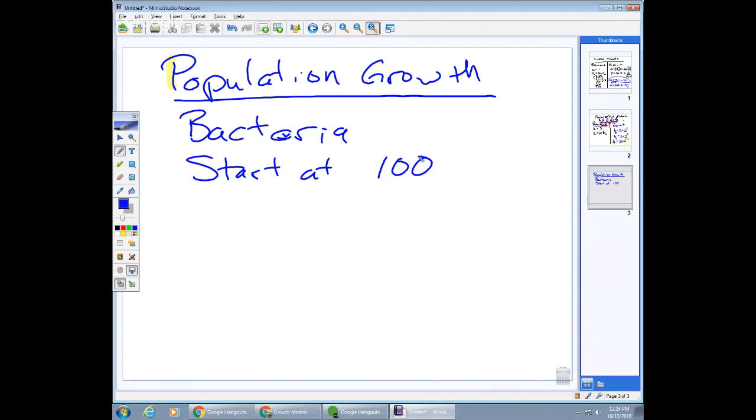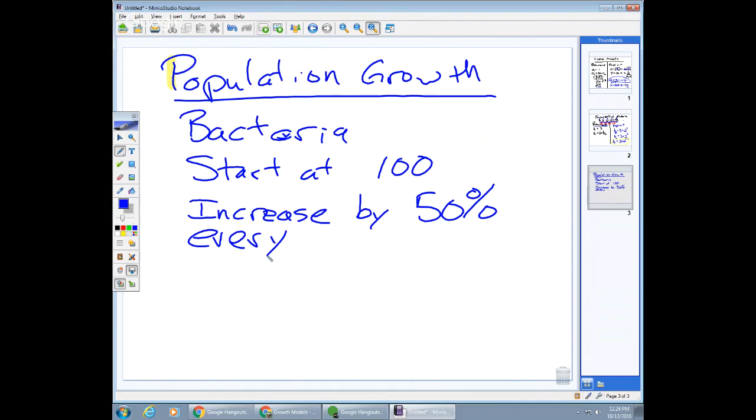And let's suppose that these bacteria increase by 50% every hour. Okay, so every hour, there's 50% more than I had before. And for now, let's just make believe they don't die either. So we keep getting more and more bacteria. The 50% here is known as a growth rate.